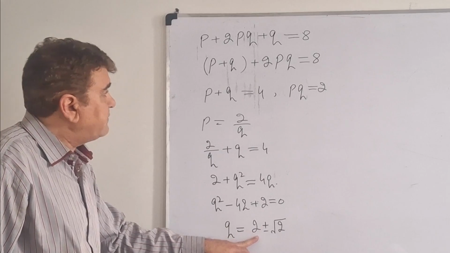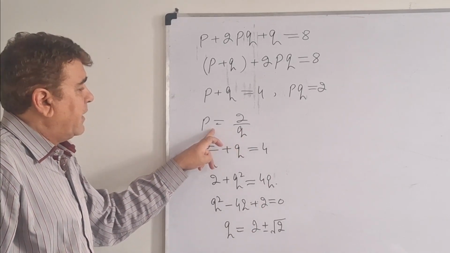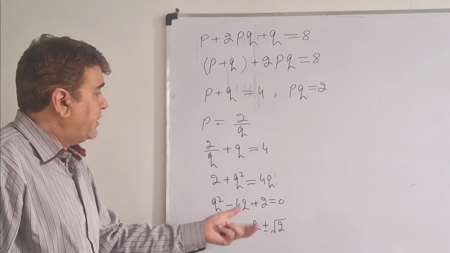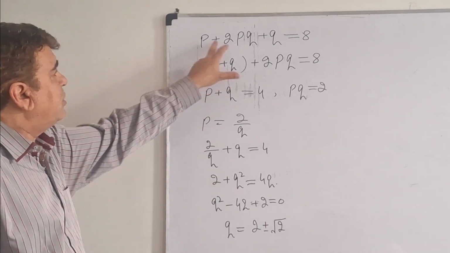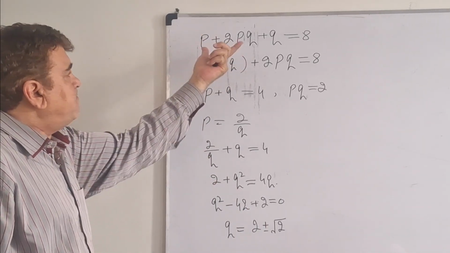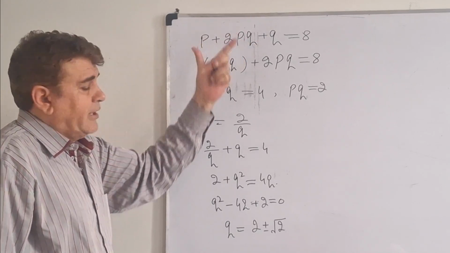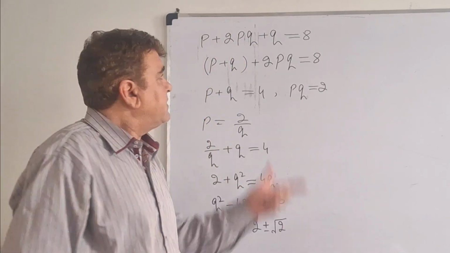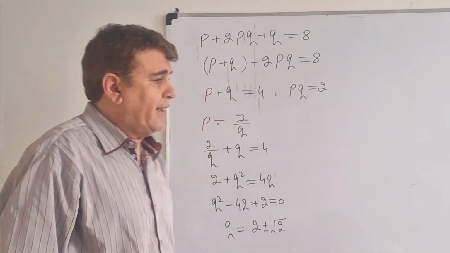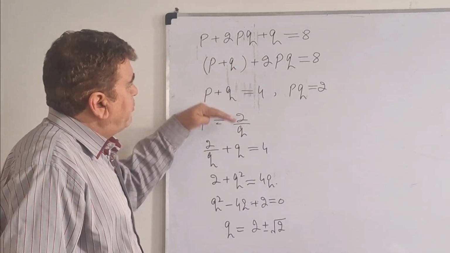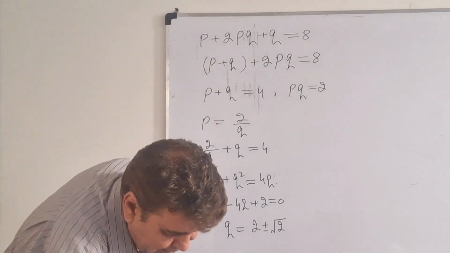And if you put this value in this equation, again, Q is not an integer, and if you substitute the value of P and Q into this one equation, you will see that the result of this side is not exactly equal to 8. Means the two sides of the equation do not agree. So approaching the problem this way is not correct.